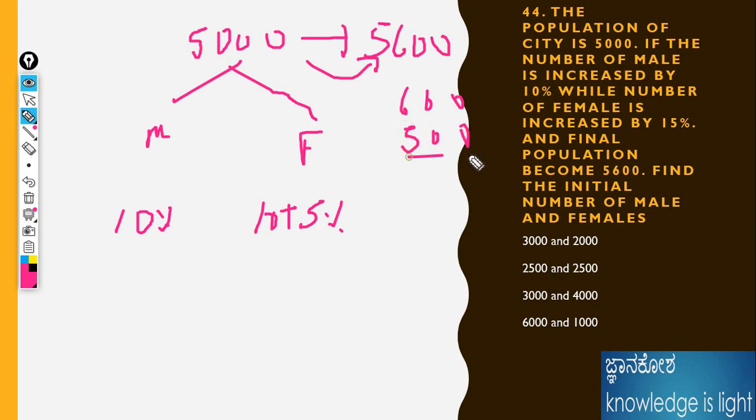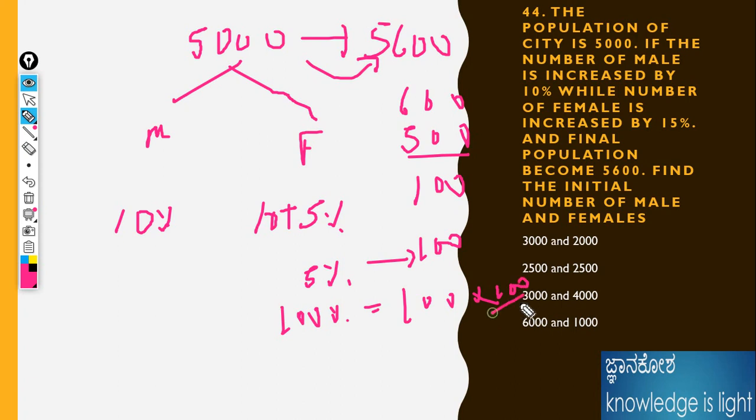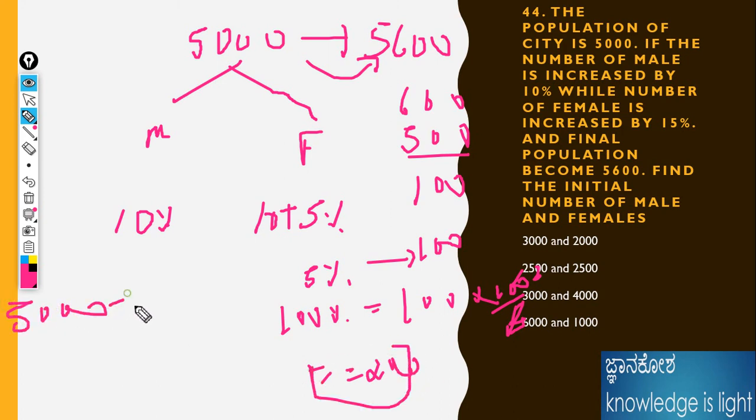Therefore, the 5% of women is equal to 100. Therefore, 100% of the women is 100 divided by 5, times 100. So 2,000 is the female, because 5% is 100. The remaining should be 5,000 minus 2,000, that is 3,000. Answer should be 3,000 and 2,000.